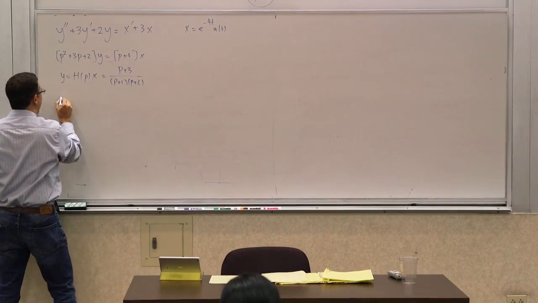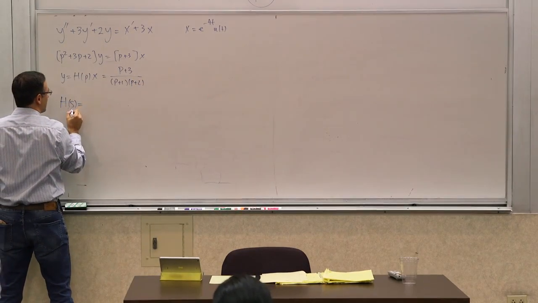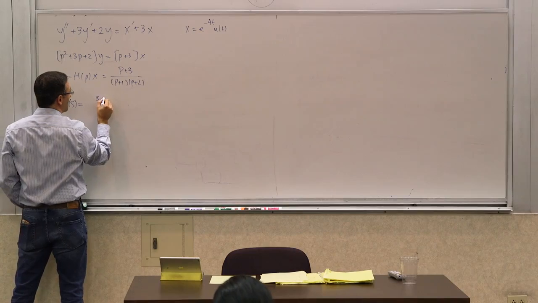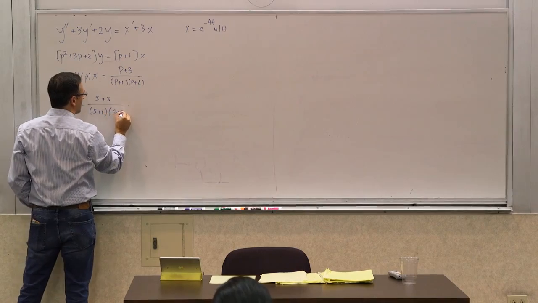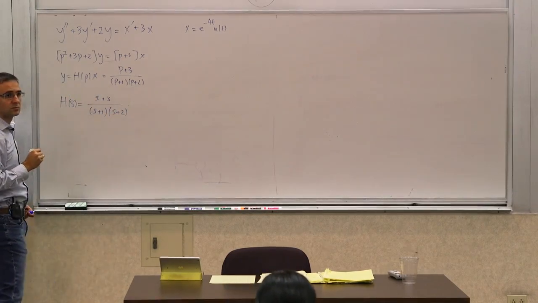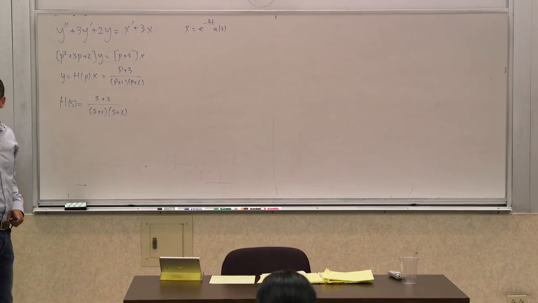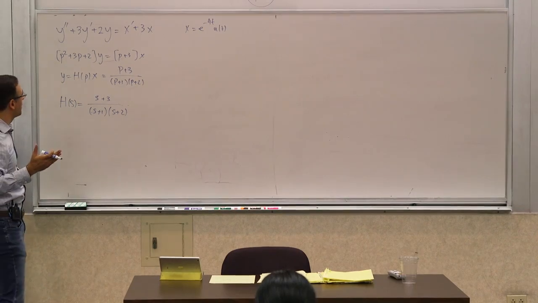And therefore the H of s, the system function, is where you take the operator and convert it to a function, is this. Right? So far, everything should be clear. If it isn't, let me know.